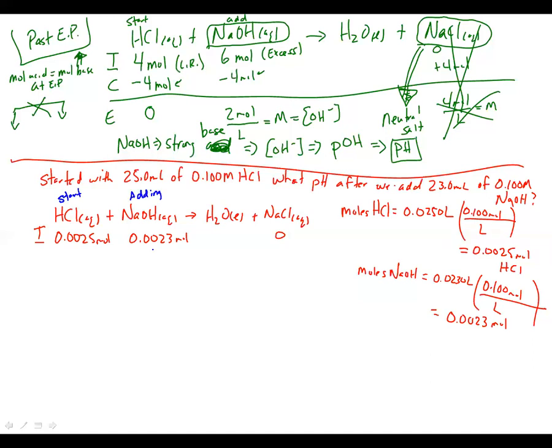When we do a comparison of the moles of each of these, we see that we have more moles of what we started with to less moles of what we're adding. And what that should tell you, in terms of where you are in the titration curve, is you should be before the equivalence point.